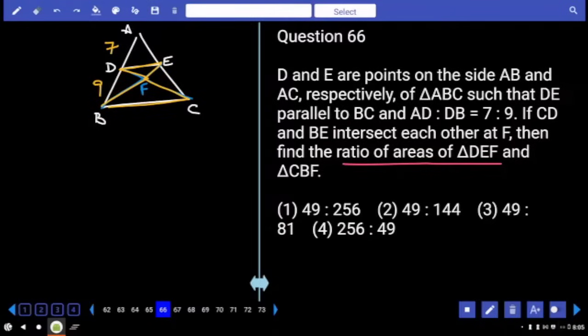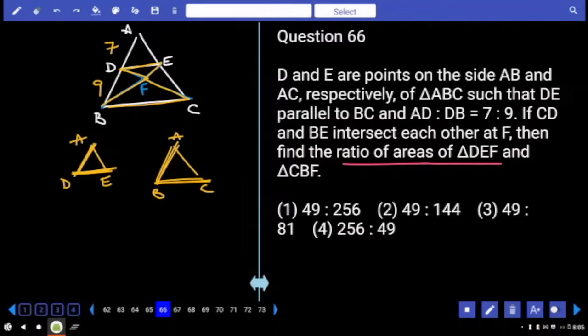Now, if I write triangle ADE and ABC, they are similar triangles. Because they are similar triangles, AD by AB must be equal to DE by BC.